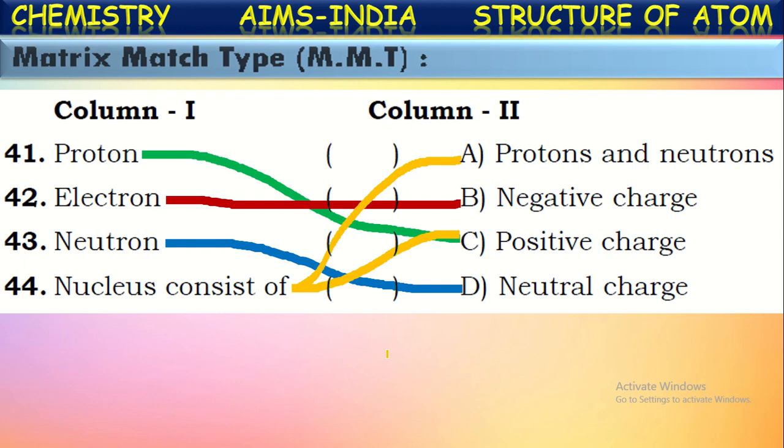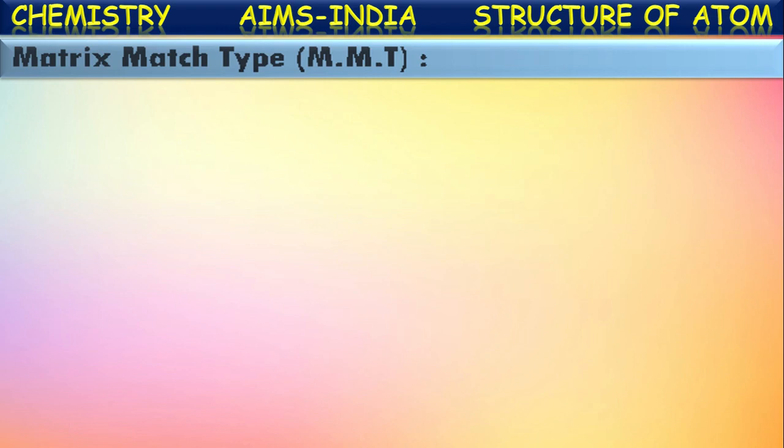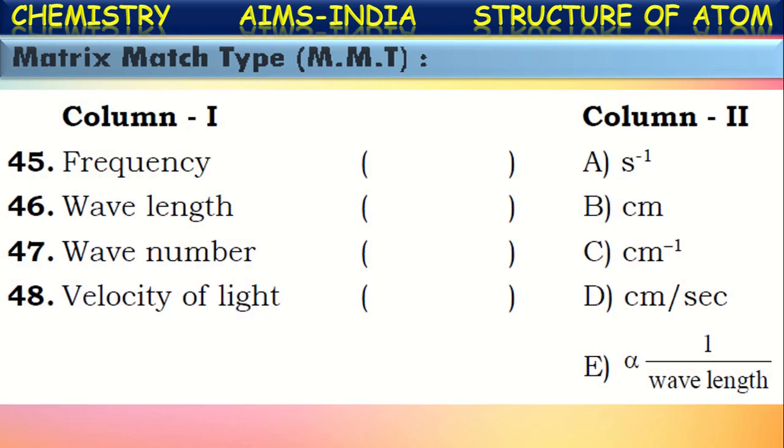Okay, now let us see one more matching. Here, characteristics of electromagnetic radiations are mentioned, and on the other side, their units are mentioned. Try to match these with units. See the first one, frequency. It is defined as the number of waves passing through a point per second.